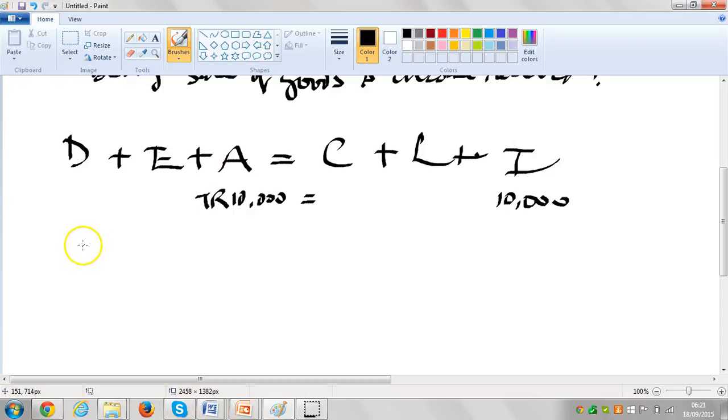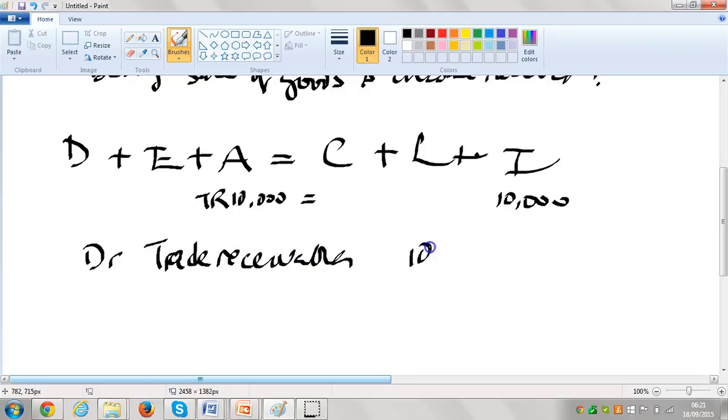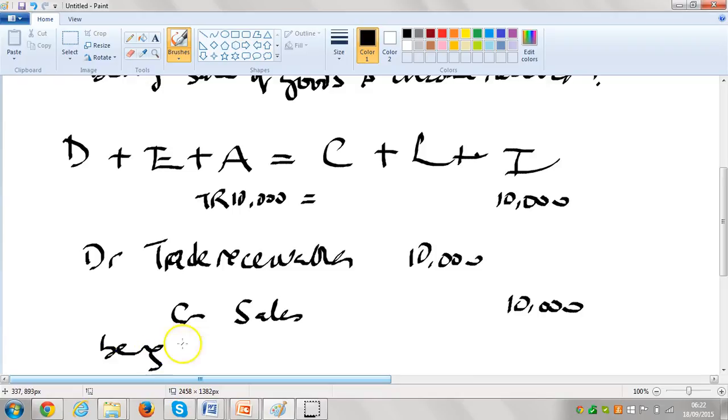So we debit trade receivables, £10,000, and we credit sales, £10,000, being the sale of goods on credit.